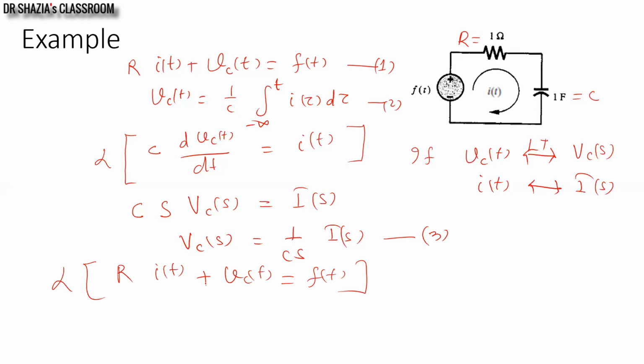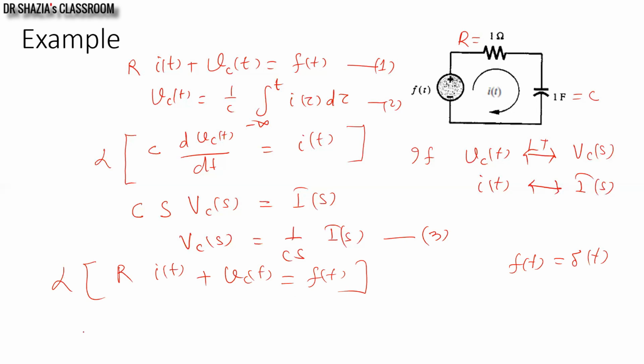Here, as I want to calculate the transfer function, I know the input to the system will be a unit impulse. So in this case, f of t will be considered as delta t. Yes.